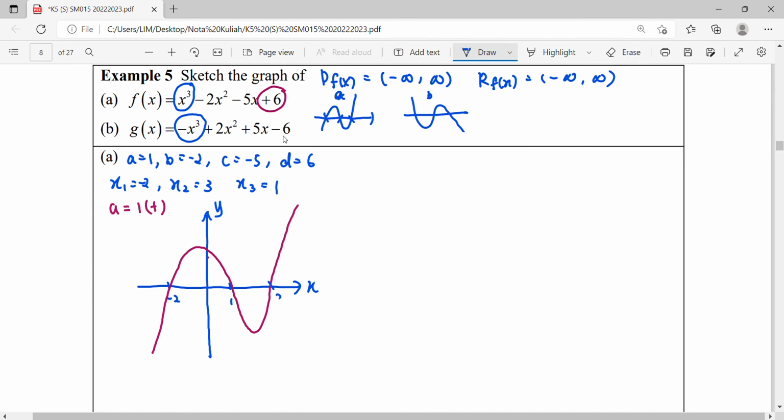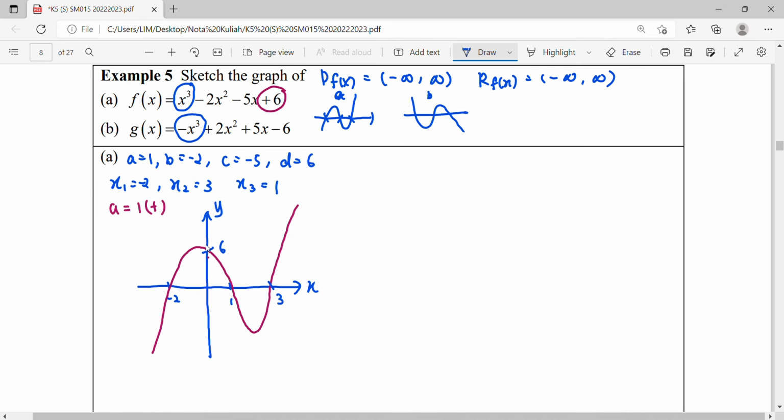We label it nicely like this. As long as it is accurate where positive will be at the positive, you have 2 roots at the right hand side, 1 root at the left hand side. And then the intercept should be the value of 6 at the positive part of the y-axis. So here will be our cubic graph.